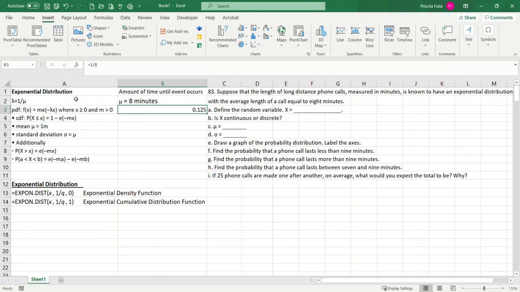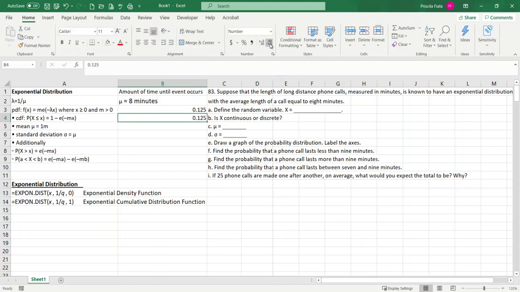The last thing I need: if I ask you what the standard deviation is for this problem, the standard deviation is always going to equal the mean, so the standard deviation would also be 0.125. You don't have to put all the decimals. You can do as you wish. If you're being asked for a value x less than or equal to, like right here, less than 9 minutes, you're going to be using this formula.